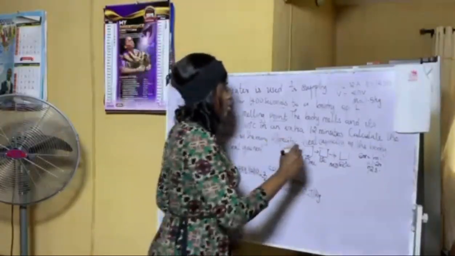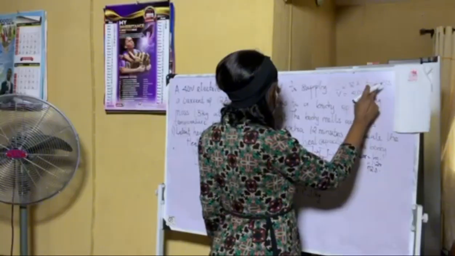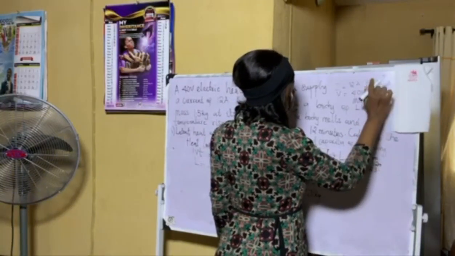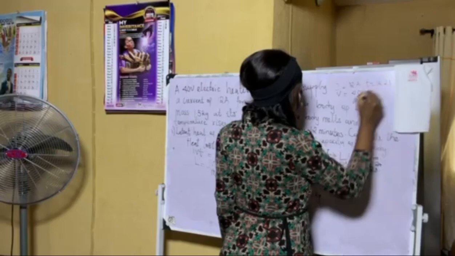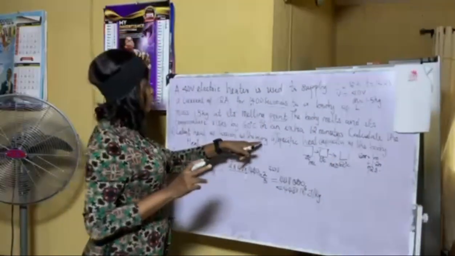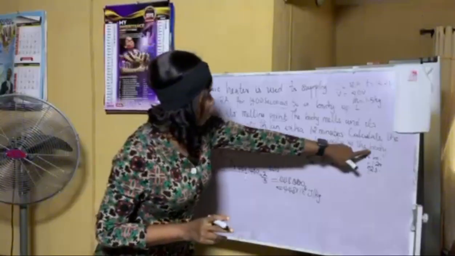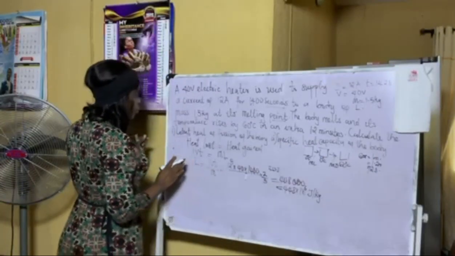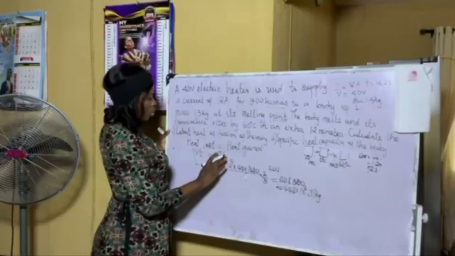So our time will no longer be 1,400 seconds. It will now be 1,472 seconds. That will be our new time in order for us to calculate the specific heat capacity of this body.